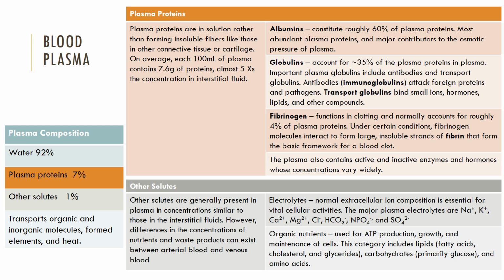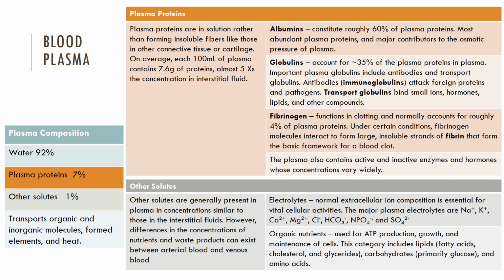Globulins account for around 35% of the plasma proteins and are important in attacking pathogens, while others are important in the transport by binding to ions, hormones, lipids, and other compounds.